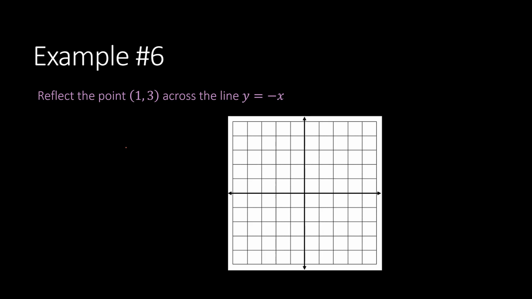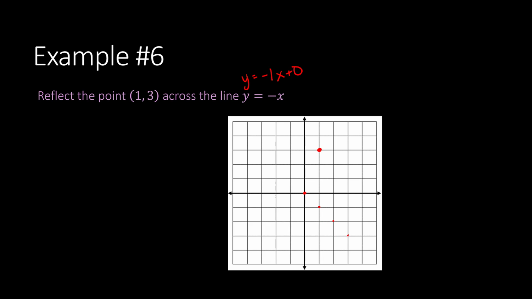All right, so let's get started on this one. This is another diagonal reflection. So 1, 3 is our point. And this line would be the same as y equals -1x plus 0. So the y-intercept's 0, and now we're going down 1 over 1, down 1 over 1.